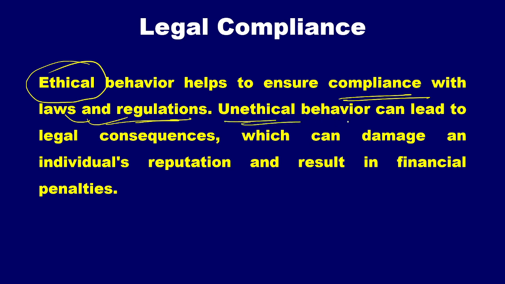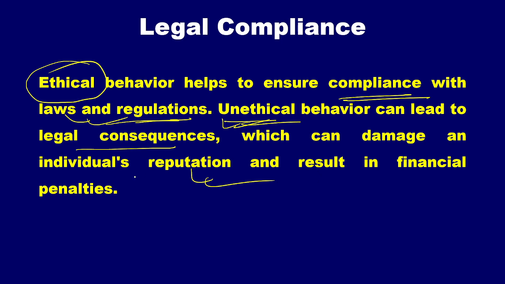On the other hand, unethical behavior can lead to legal consequences which can damage an individual's reputation and result in financial or other penalties. Like I have talked about taking bribes. Suppose in many government offices bribes are taken, unfortunately. Taking a bribe is unethical, so that is against the law and regulations.